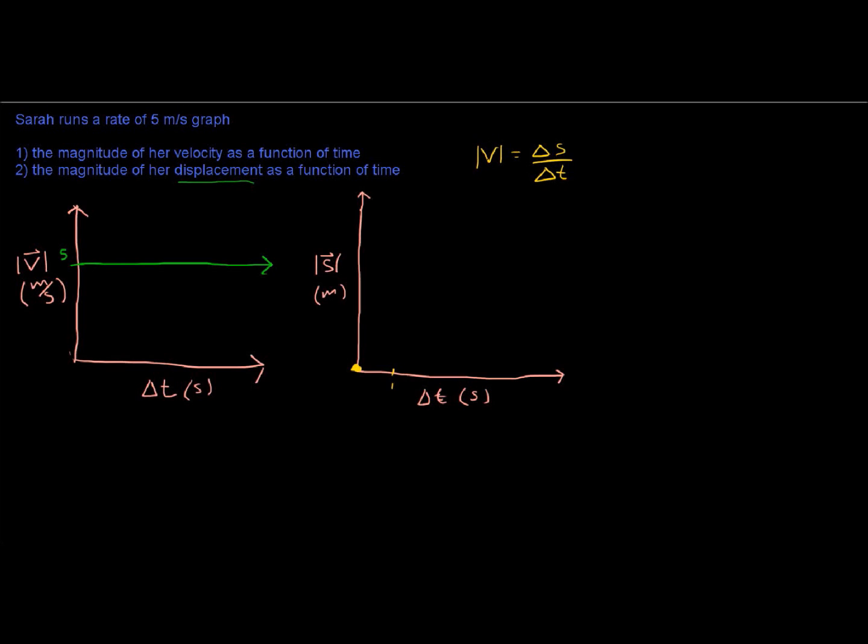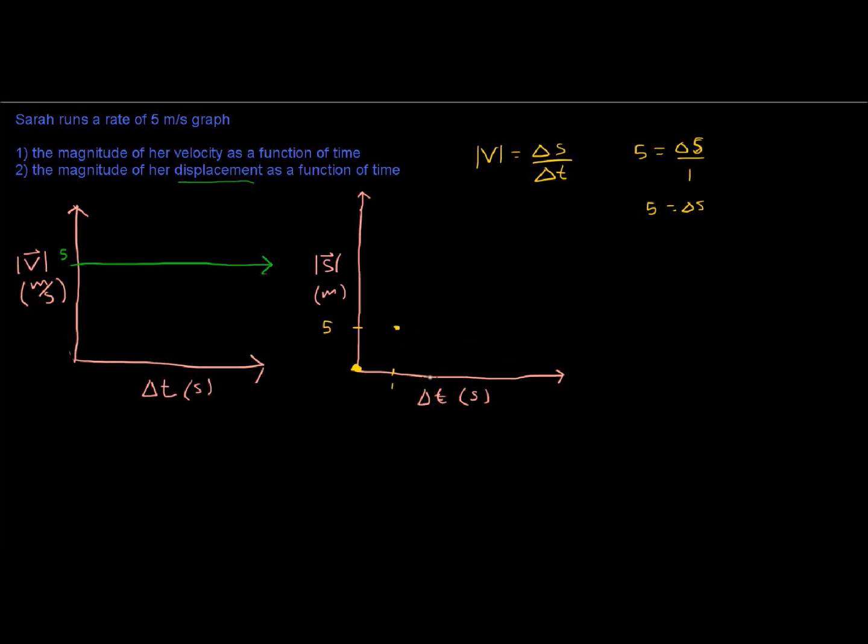And so if velocity is 5 and t is 1, then anything over 1 is just 1, so her displacement is 5 meters. So we can graph that right here. This isn't the same scale as the other graph, as you can clearly see. So 1 second later, she's gone 5 meters.